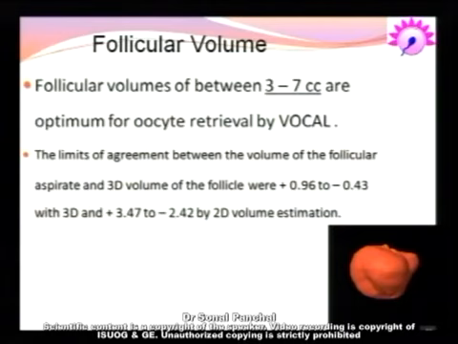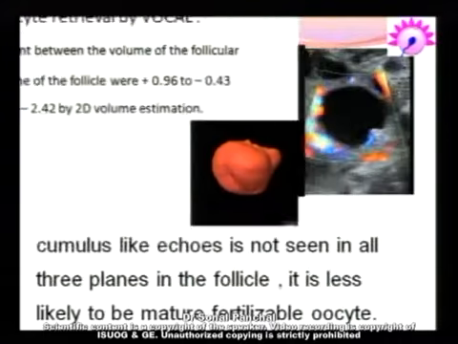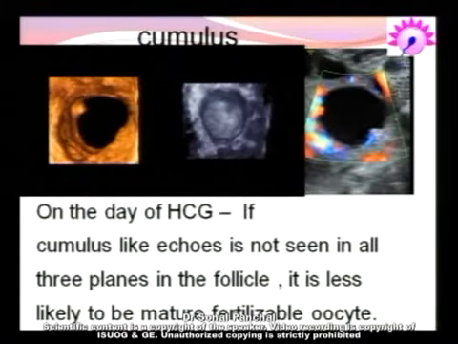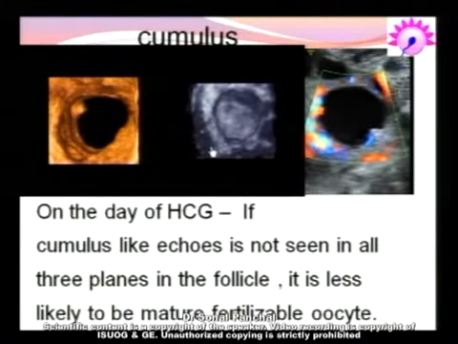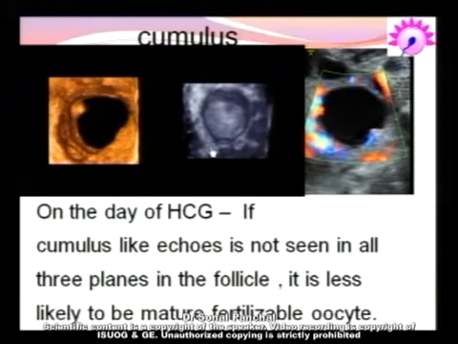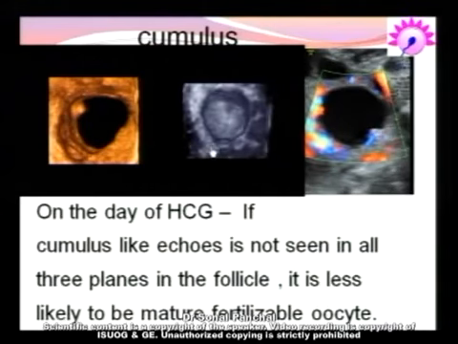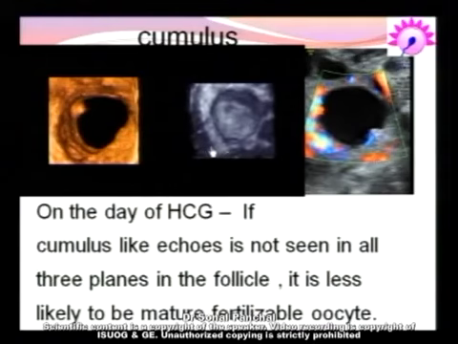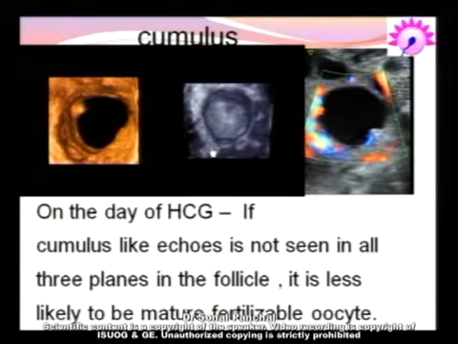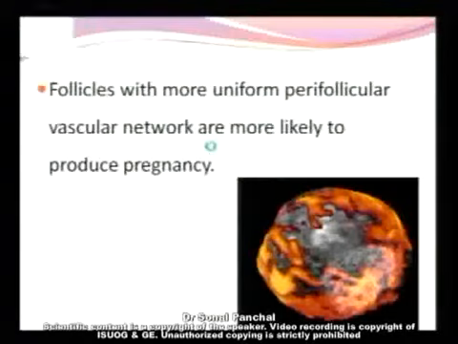And a follicular volume of between 3 and 7 has been known to be optimum for the oocyte retrieval. Cumulus, I don't know. There have always been controversies, but we have been able to see cumulus by 3D in at least 85 to 90% of cases with mature follicles. And that is the surest sign that it contains a fertilizable ovum.